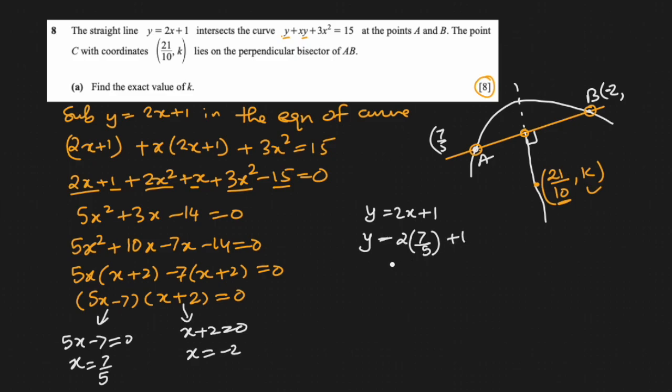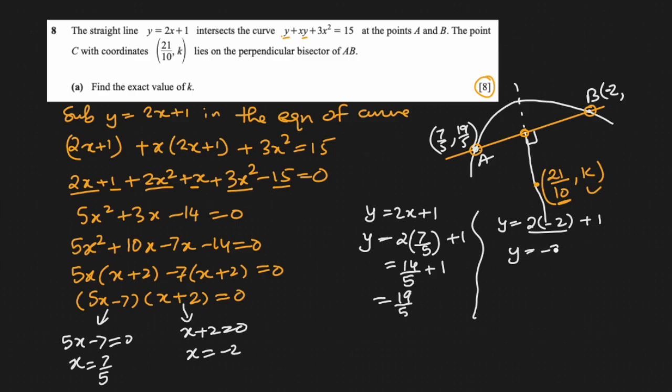So 14 over 5 plus 1 becomes 19 over 5. So the y coordinate of this is 19 over 5. Similarly, I'll substitute minus 2 in the same equation. y equal to 2 times minus 2 plus 1, y equal to minus 4 plus 1, minus 3. So minus 3 comes out to be the y coordinate here.